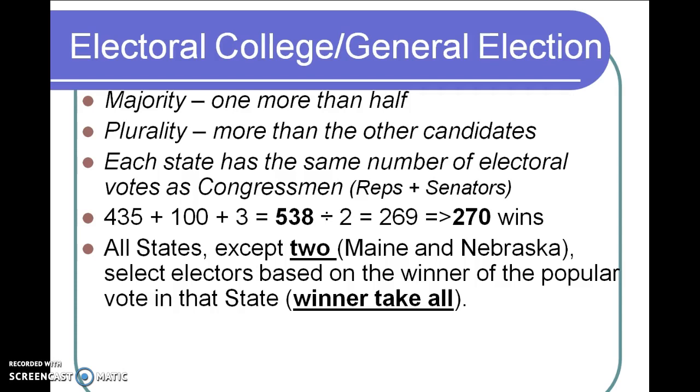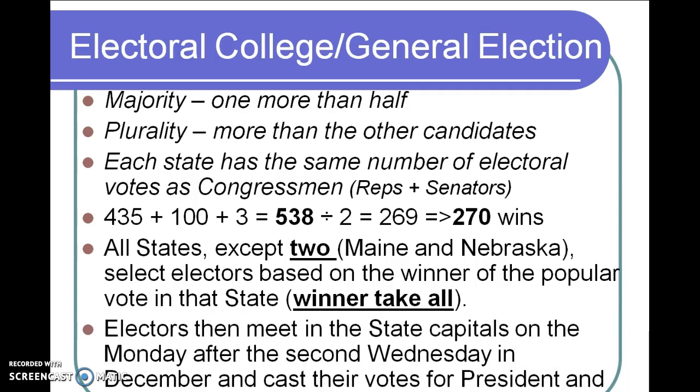In Maine and Nebraska, they take the popular vote of the state and assign the 2 that would be equivalent to the Senate representation, and then every other elector goes with the popular vote of the district, because each representative, as you remember, represents a district, so it would be the district vote. So in those 2 states, there is a possibility that there would be a split in the Electoral College votes. Technically, the electors don't vote until December.